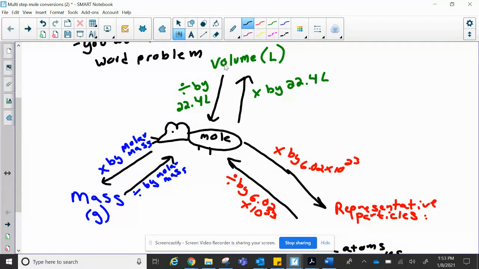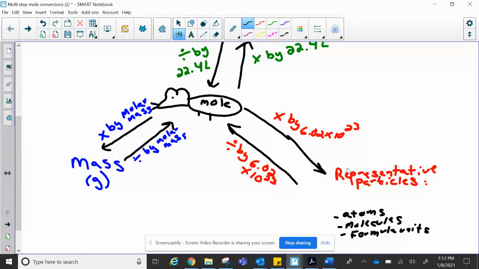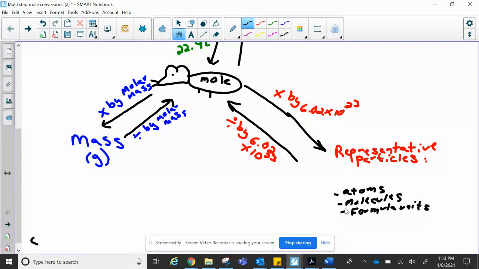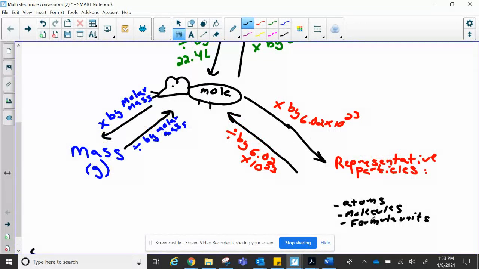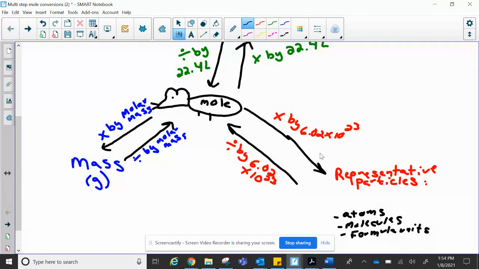So if we have volume, if we're going from liters to moles, we're going to divide by 22.4 liters. Moles to liters, multiply by 22.4. Of course, mass, grams to the mole. We're going to use our molar mass over here with representative particles, usually atoms, molecules, formula units, particles. We're going to use 6.02 times 10 to the 23rd.